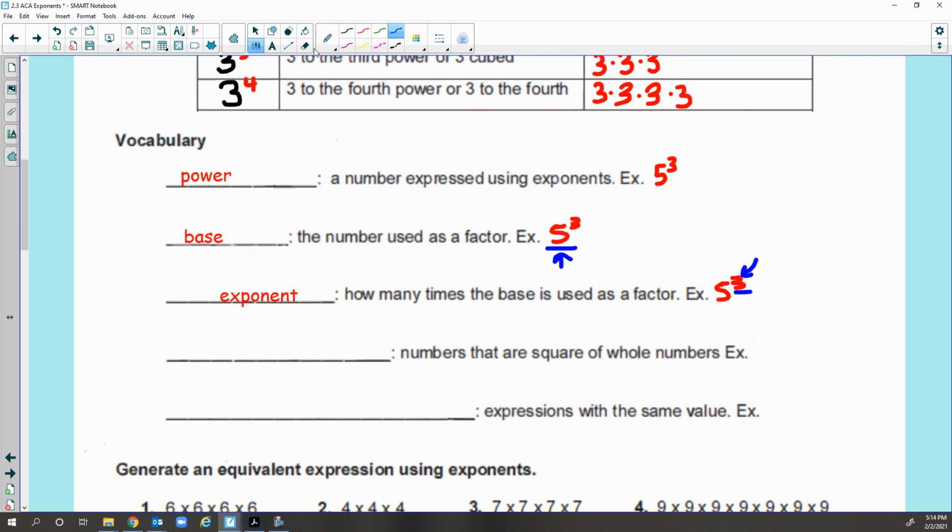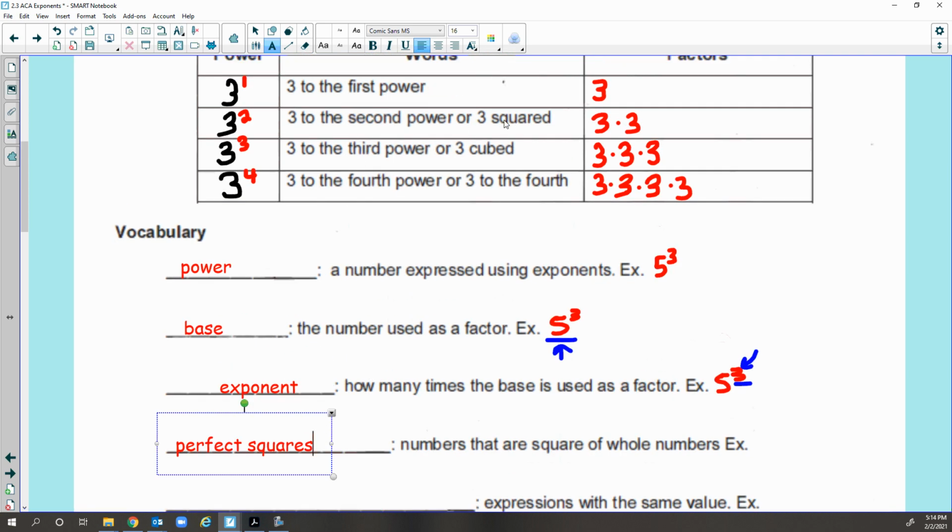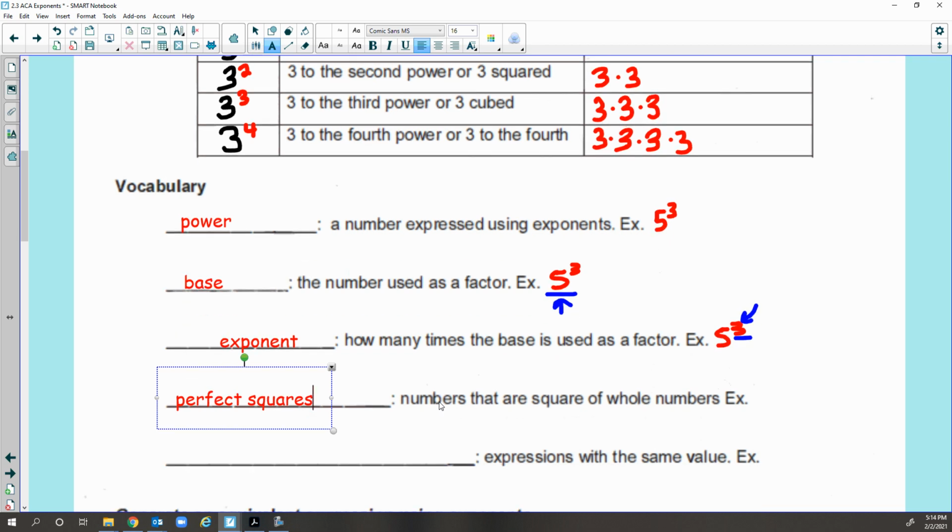Here's something really cool to think about: numbers that are perfect squares. We said before that when it has an exponent of 2, we would say it's called squared. We would say this number is 3 squared. But a perfect square is a number that is the square of a whole number.